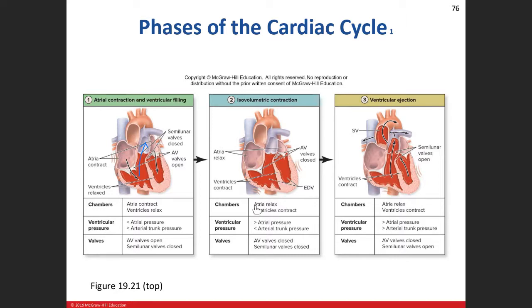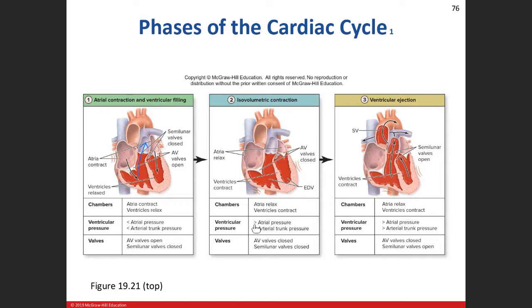What we start to see here is the atria are relaxed. Now the ventricles start to contract. We need to start building up our pressure inside the ventricles because our goal is to overcome the arterial pressure so we can open these valves up, so we can push the blood in these ventricles out into the systemic circulation and into the pulmonary circulation.